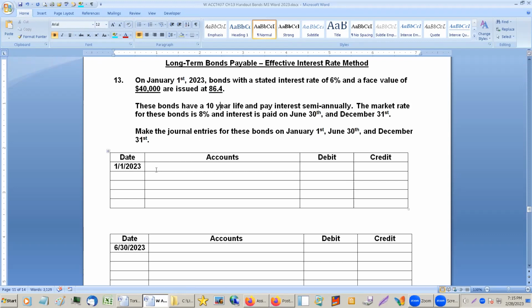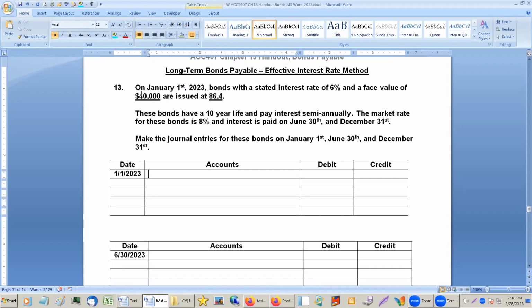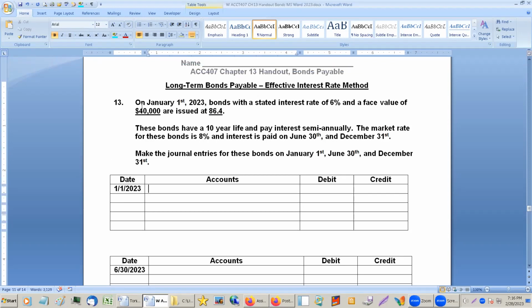So, face value 40,000, issued at that, and it has a stated interest rate of 6%. Actually, I said going up.